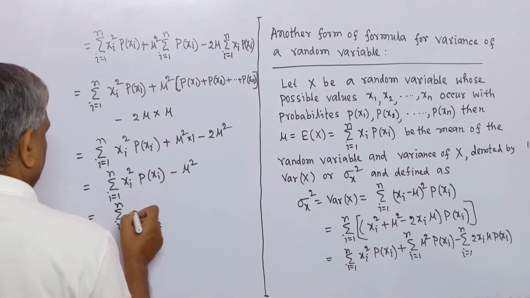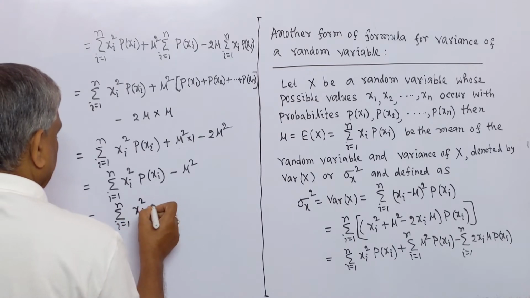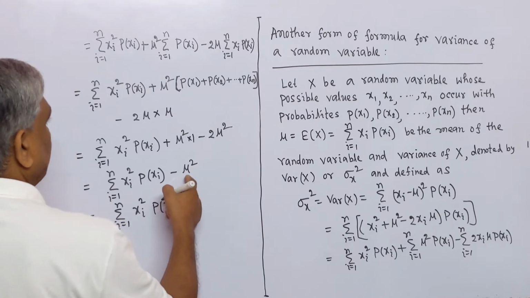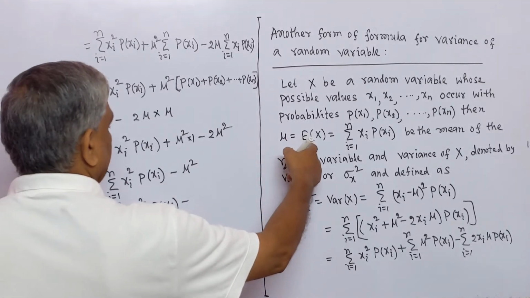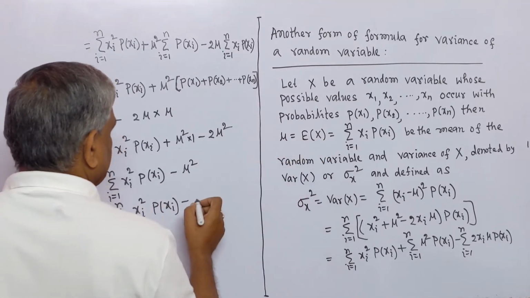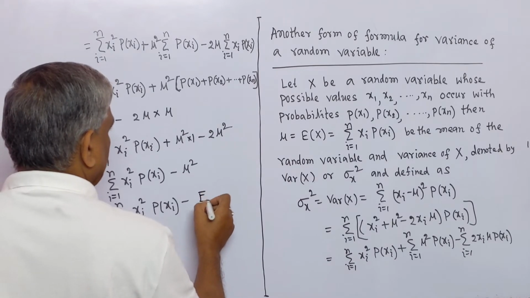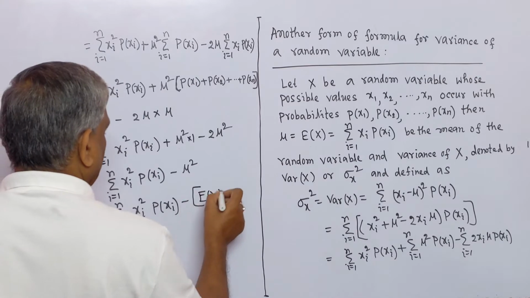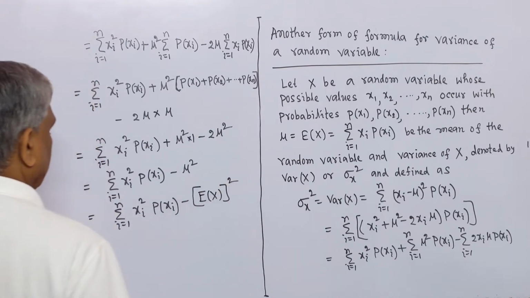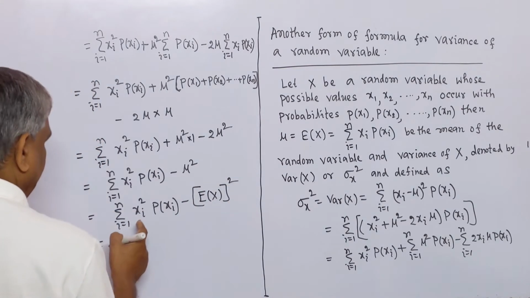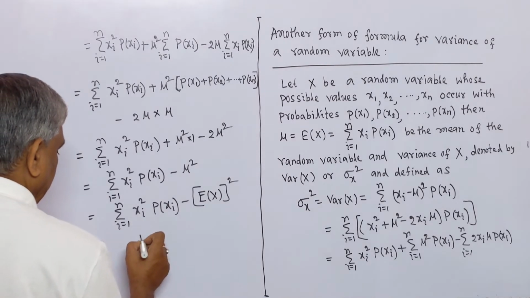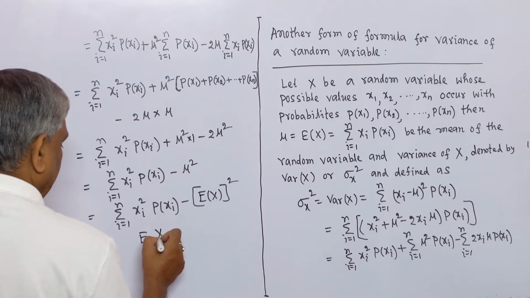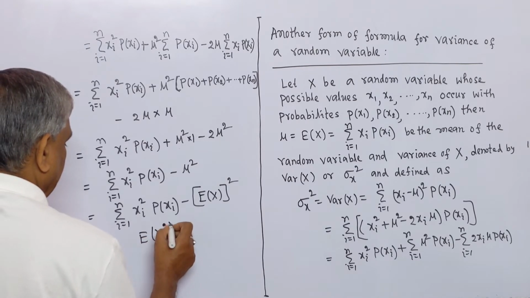and this equal to sigma i equal to 1 to n xi square pxi minus mu, meaning here E(X), E(X) whole square, and we may write this as E(X square).